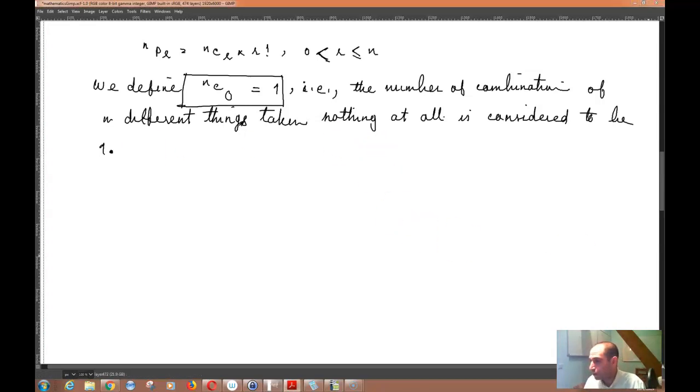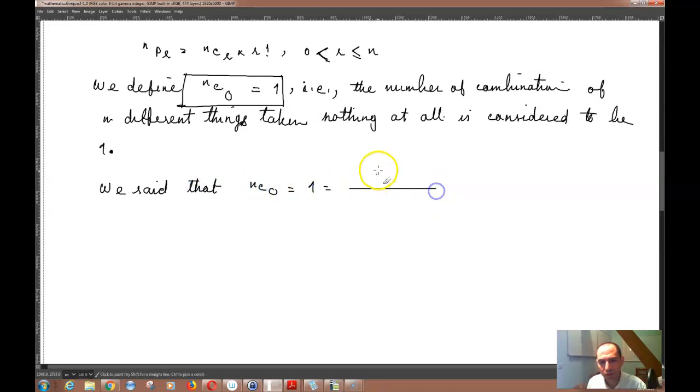Now, number 3. We said that n combination 0 is equal to 1.